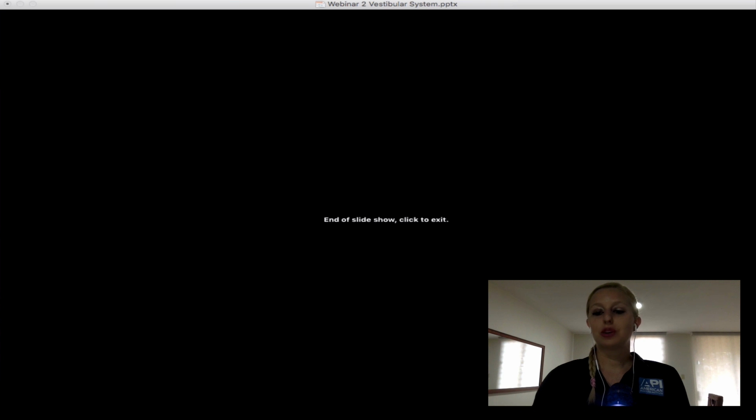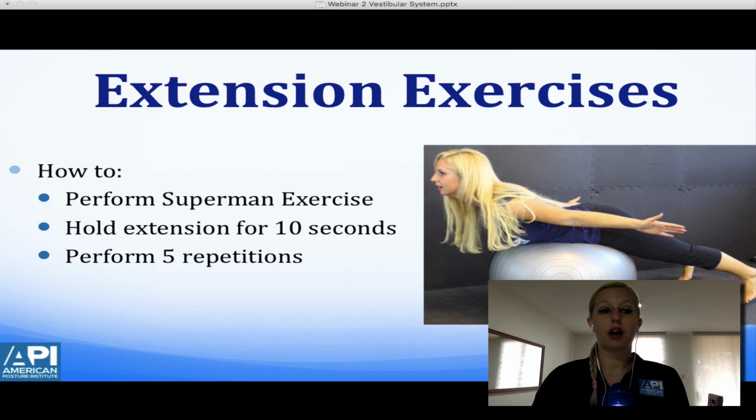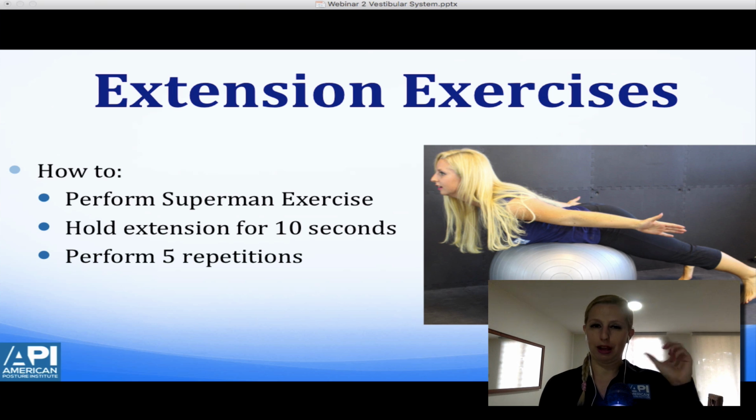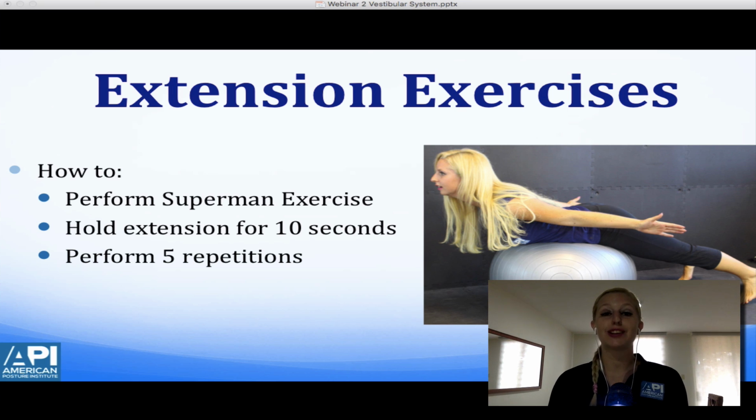All right, so that's going to conclude our brain-based postural correction exercises. So again, we went through one leg balance, we went through VOR training, we went through the balance progressions, okay? We went through VOR training and we went through extension exercises, Superman being a great extension exercise. I promise you guys, if you start checking for vestibular dysfunction, you're going to find some interesting findings, and then by applying these treatment protocols with your patients, you're going to get great results in terms of vestibular correction, which is going to directly impact upright postural design.